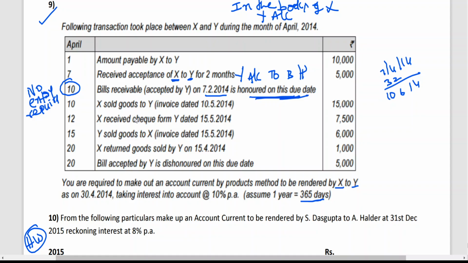Then X received a check from Y. Entry: bank account debit to Y account. That is a post dated check. Date 12th. Amount 7,500.